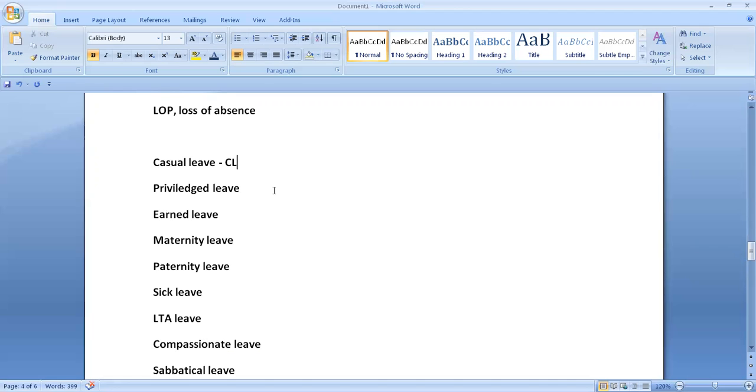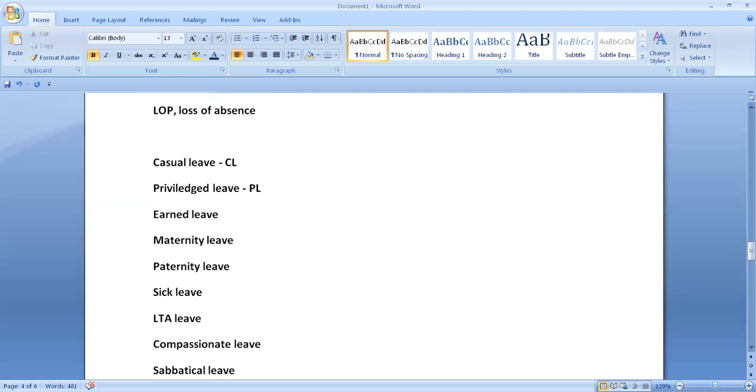Next, privileged leave. Privileged leave is also defined by the Shops and Establishments Act. Usually 18 to 20 days are declared. Why is this privilege leave required? If an employee requests for any special occasion, then the employee may be eligible for PL. You can call it PL, privilege leave or PL.